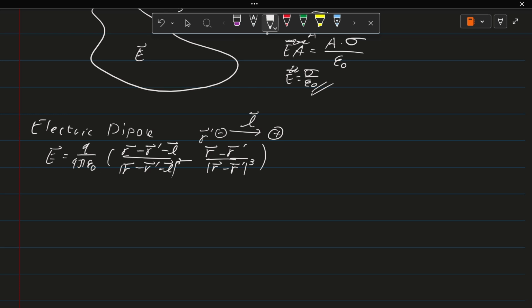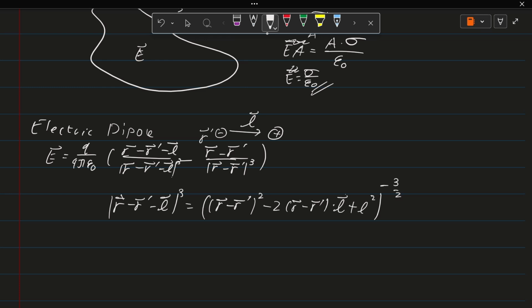Something you could do from this is realize that the length of r vector minus r vector prime minus L vector, cubed, is just r vector minus r vector prime squared, minus 2 r vector minus r vector prime dot L vector, plus L squared, everything to the power of negative 3 over 2.